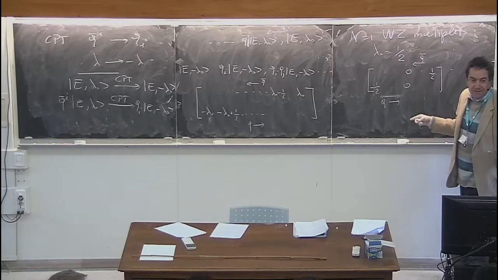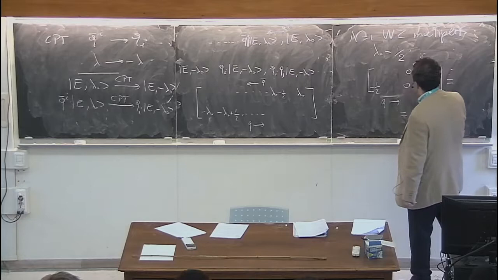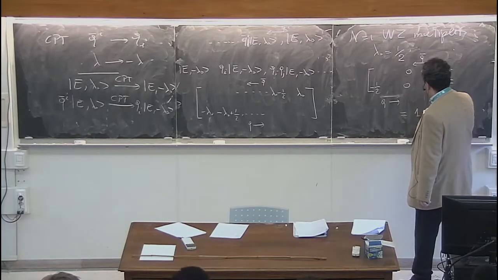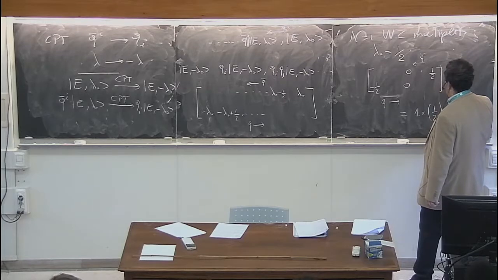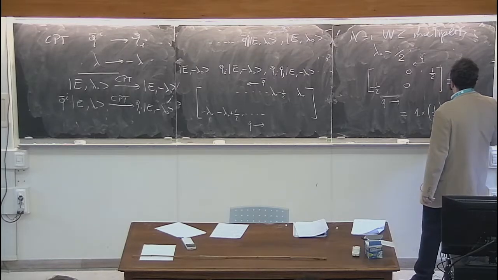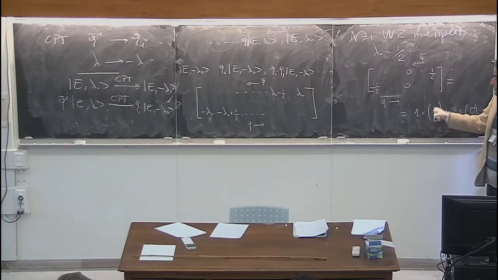Scalars do not have helicity states. So this can be written as 1 times (1/2) plus 2 times 0. Where in this notation, using brackets, we mean the two helicity states.